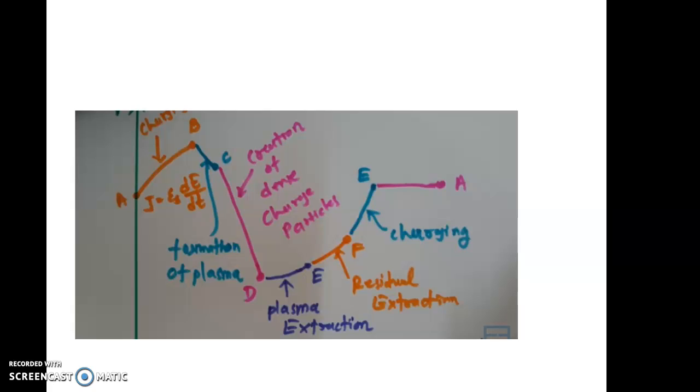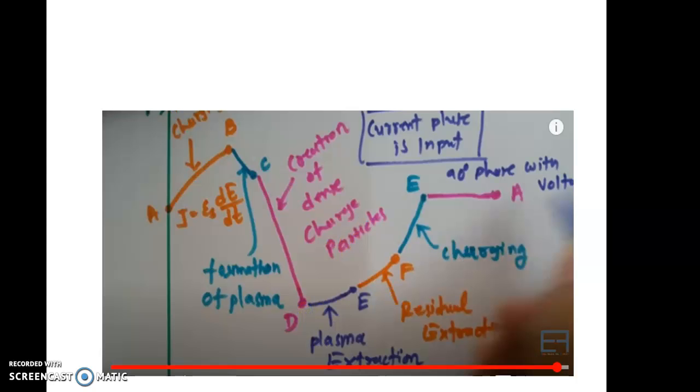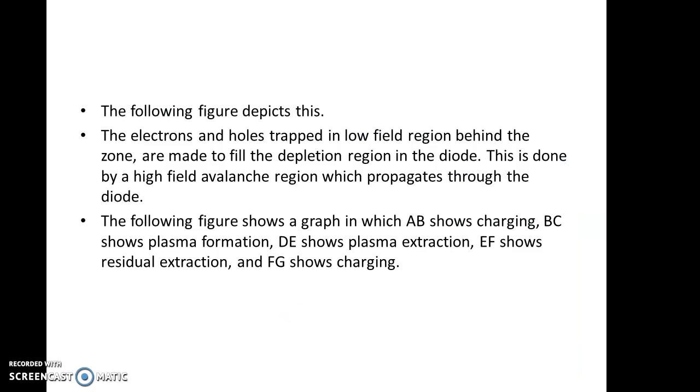So this is the characteristic of the TRAPATT diode. How it is represented can be explained as follows. There are different regions, and what these different regions are can be explained with the following figure.